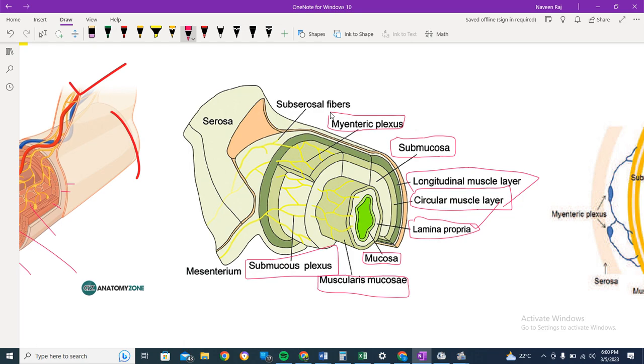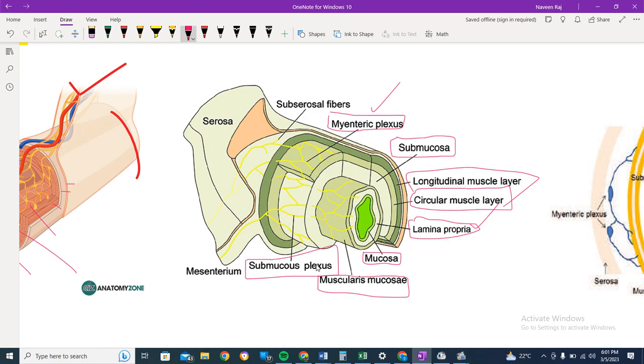Now let me tell you that the myenteric plexus is connected to both the submucosa and the muscularis externa. This is very important to note. The submucosal plexus is not directly connected to the muscularis externa, which is the next layer, but the myenteric plexus is, and we will probably get details of that in today's video as well.